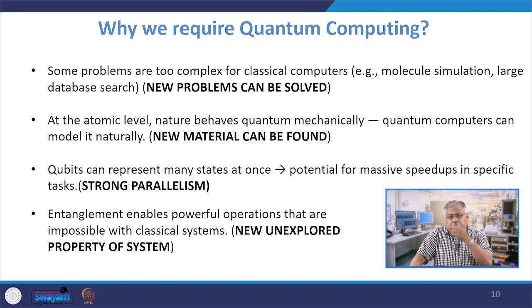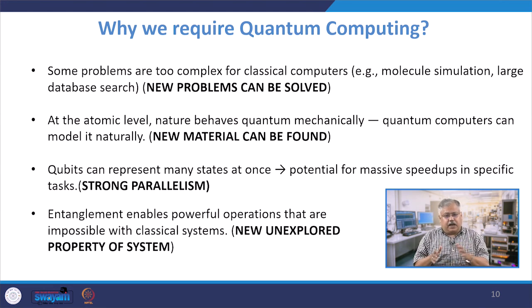And the third one is that since qubits can represent many states at one point of time, there is a potential for a massive scale-up in the tasks, and that is the reason we define that as strong parallelism, right. So qubits represent many states at once, and there is a potential for massive speedups, right.